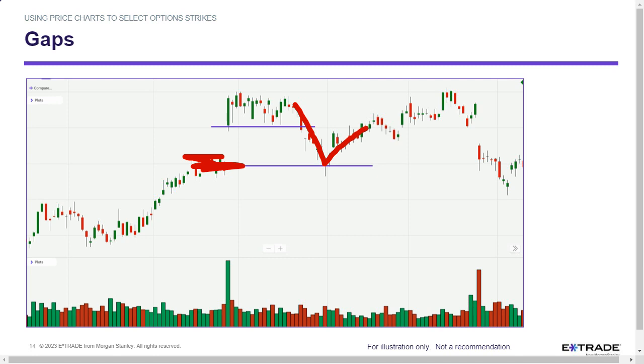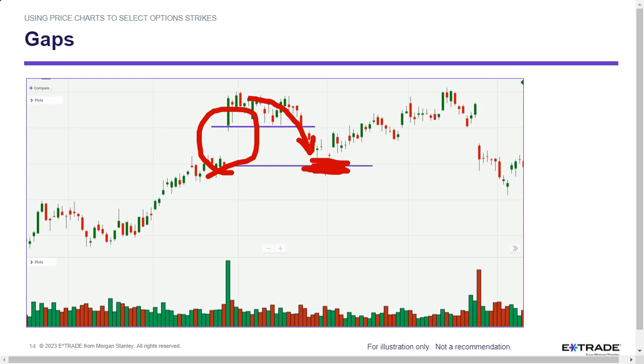All right? Now, if you understand that kind of behavior in the market with gaps, now you could put the gap to your advantage in deciding on trading strategies. If you see the gap and as you're watching it, it starts to come back down here, you may say, you know what? When it gets down to this level, which is the beginning of the gap, I'm going to take a bullish position.